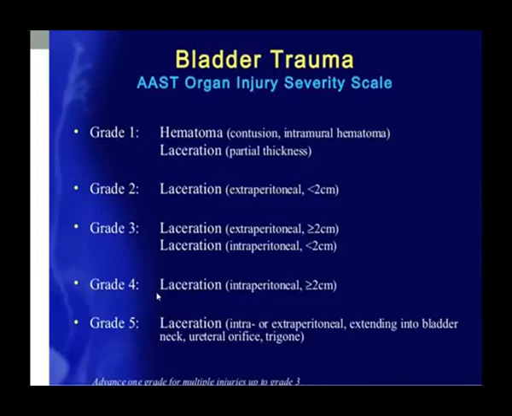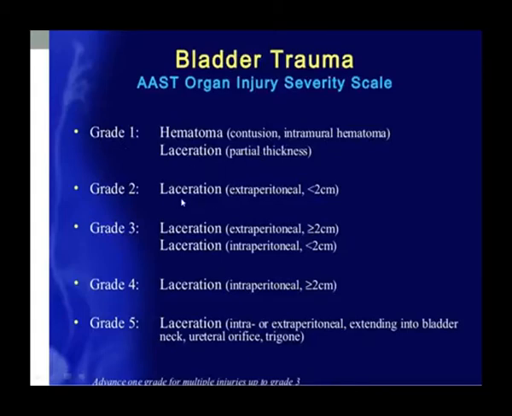So again, like the other parts, you can have the hematoma. The American Association for the Surgery of Trauma classification: grade 1 is hematoma and partial thickness laceration.